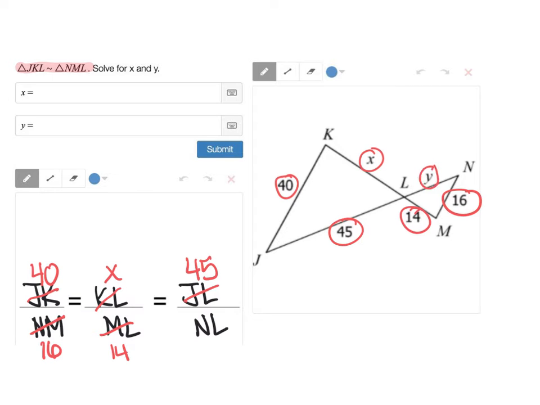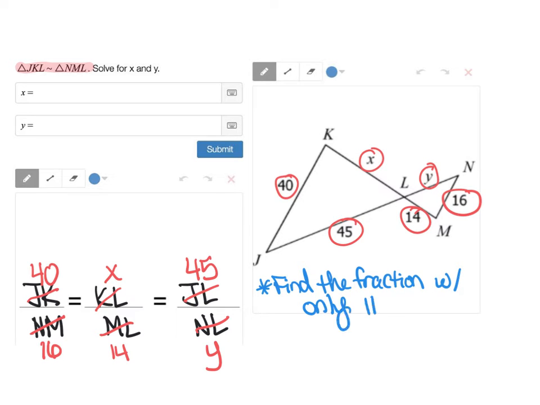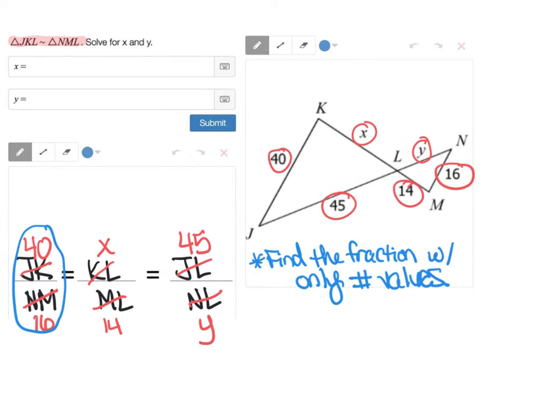and NL is y. The next thing I do is I find the fraction with only numbers. In this case, that's going to be this 40 over 16. I want to use that in all my solving because I know 40 over 16 is an accurate comparison because it was given to me.